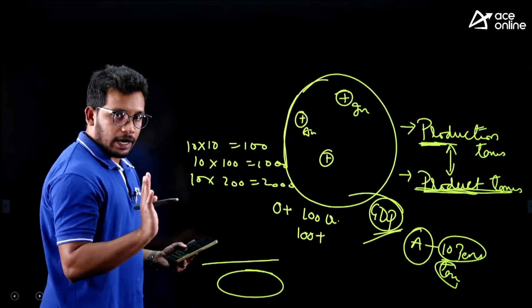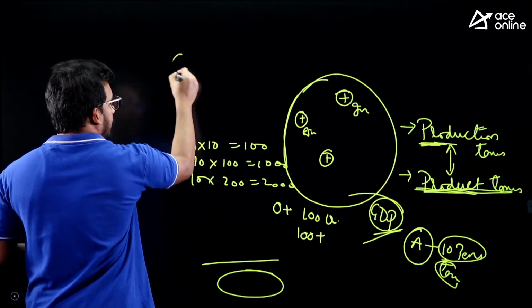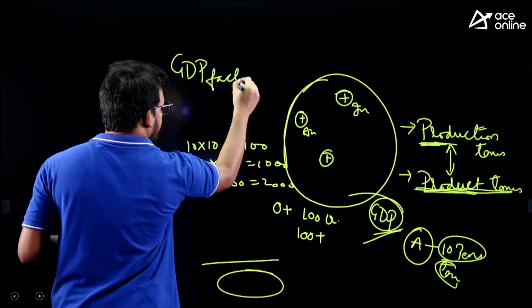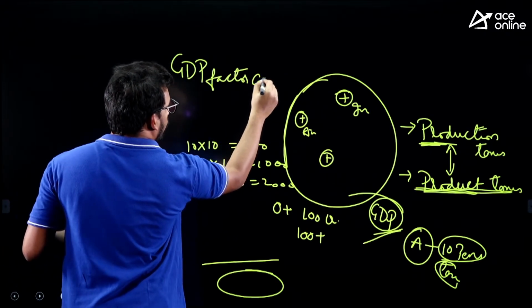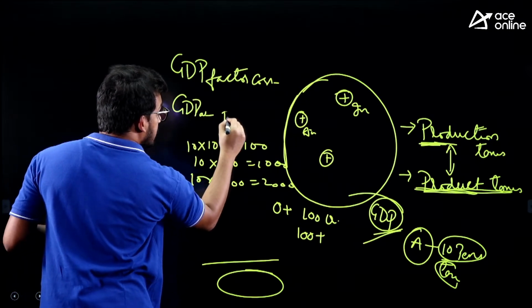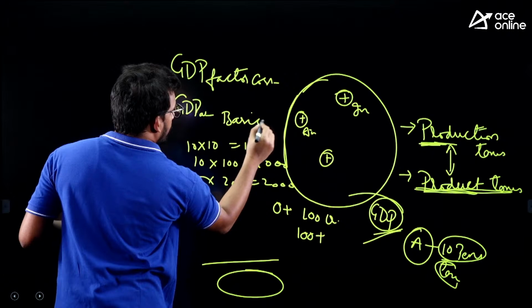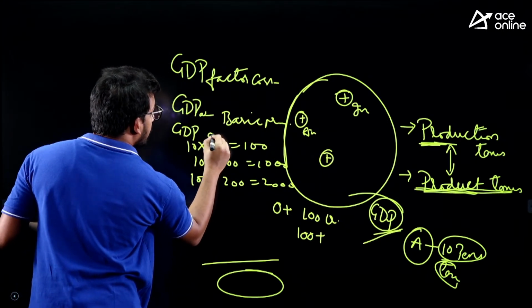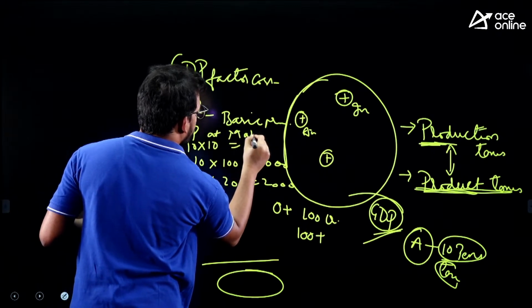If you understand this very clearly, GDP can be calculated at factor cost, at basic prices, and at market prices. This is also very, very important.